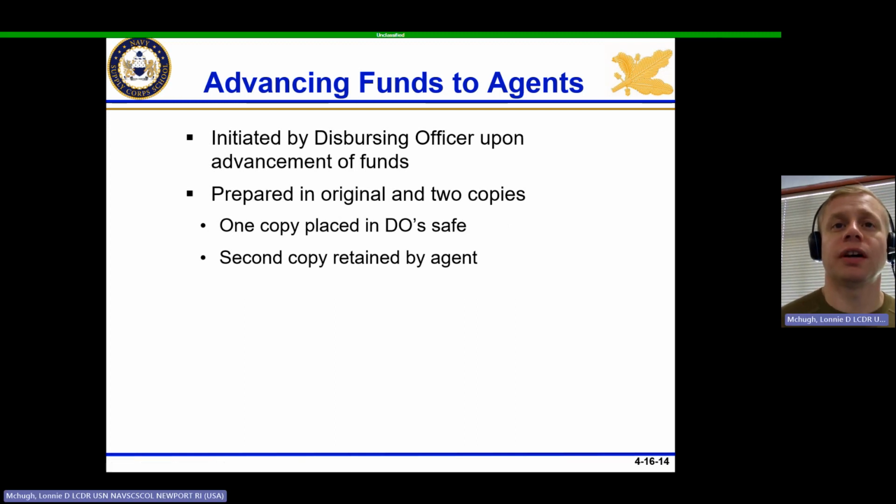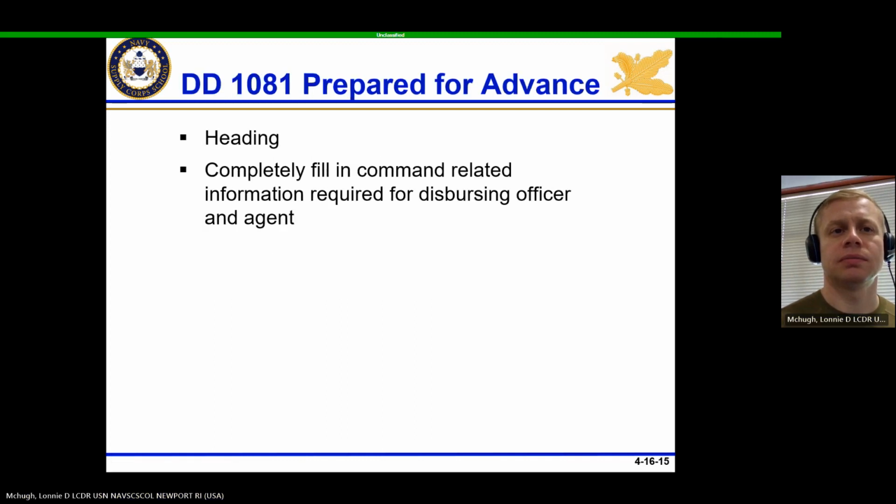If you, the dispersing officer, are issuing funds to an agent, you will start the 1081. Whenever you get finished issuing, you'll keep one copy of the 1081, and the second copy will be retained by the agent. So you both have a receipt of your transaction, if you will.